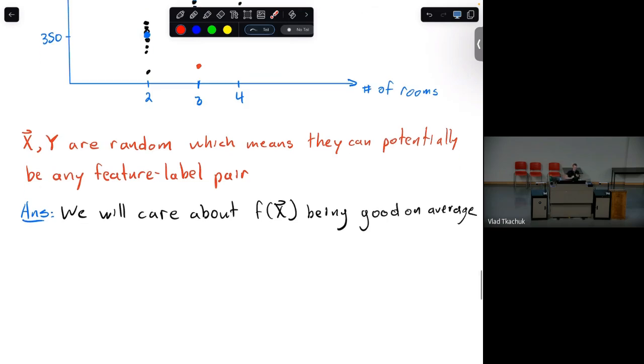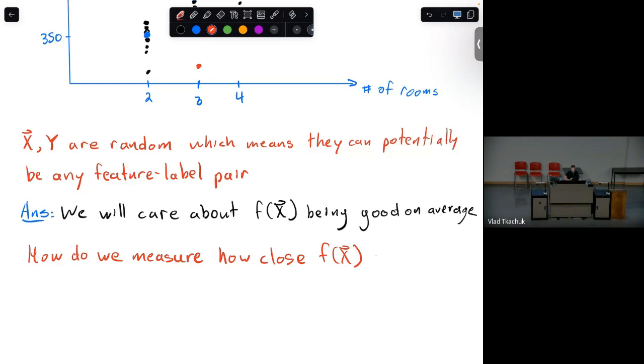And so more precisely, what we ask is how do we measure how close this f of x is to y? How close is our prediction to the price? In order to pick the one that's good on average, you need some way of measuring what closeness is.